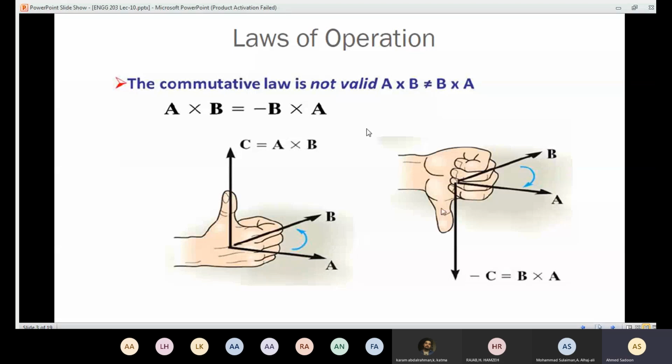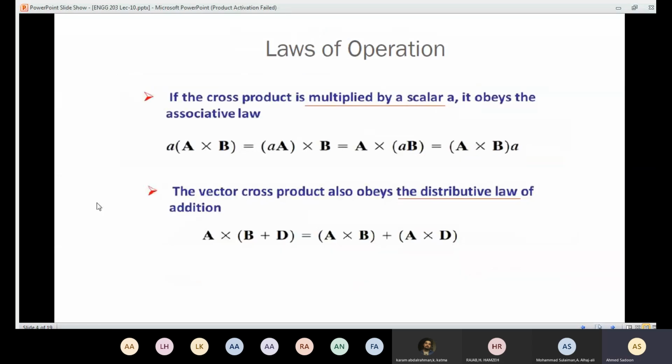The second point is about the associative law, when you multiply the cross product by a scalar. Here I have a scalar, small a, times A vector cross B vector.